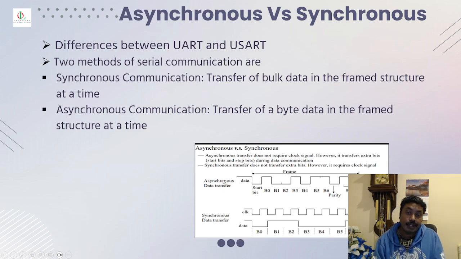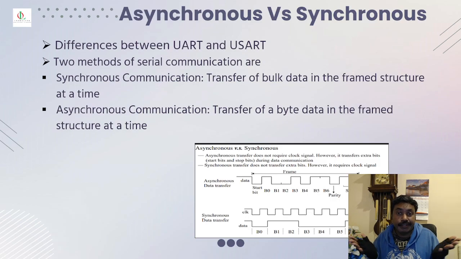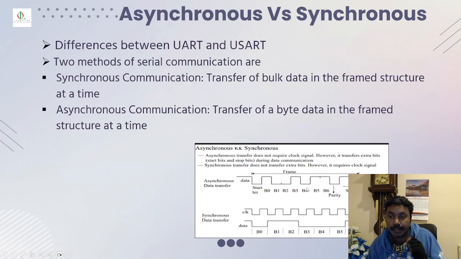So these are basically the 2 different ways of communication. You can do it via asynchronous or by synchronous. This is the basic difference between the 2 communication standards, USART and UART, and this is what is explained here. Asynchronous transfer does not require a clock signal. However, it transfers extra bits, that is the start bit and the stop bits.